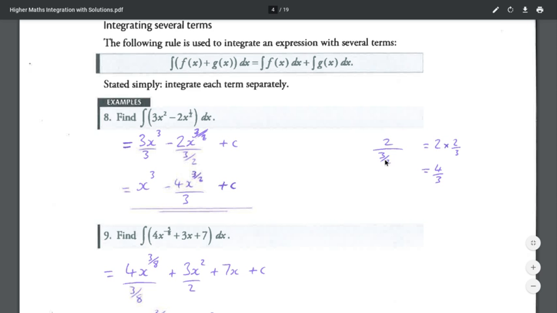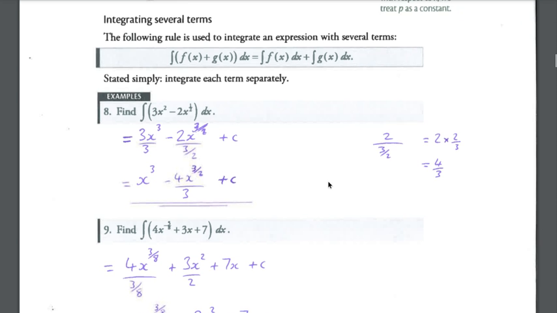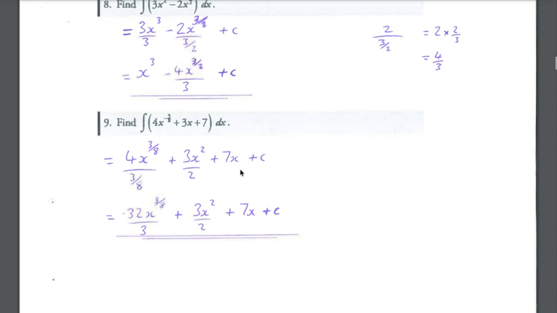Again, dividing by 3/2 is the same as multiplying by 2/3. So that would be 4/3. 3/3 here is 1. So we're just left with x cubed minus 4/3 x to the power 3 over 2 plus c. Remember, we need that constant of integration. I know I keep on repeating it, but some of you guys will forget it.